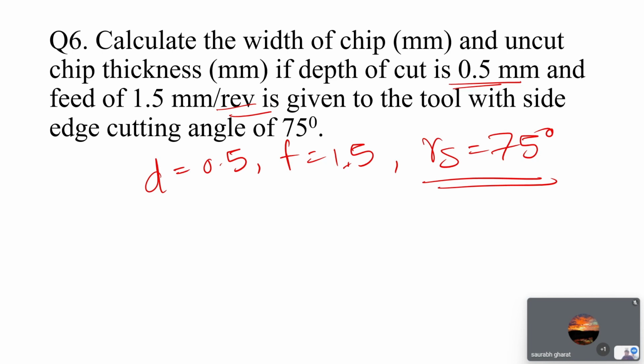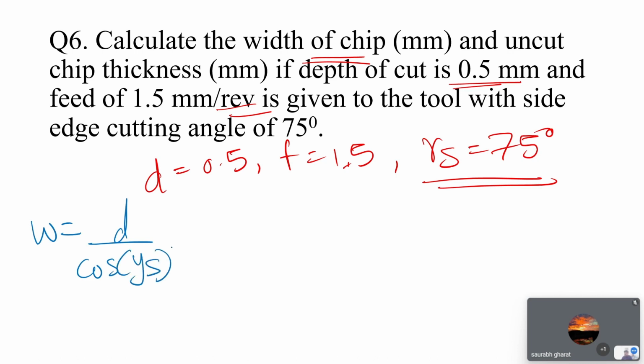Question 6. Given the tool, calculate the width of the chip. You know the formula: the width of the chip W is equal to D by cos of phi s.